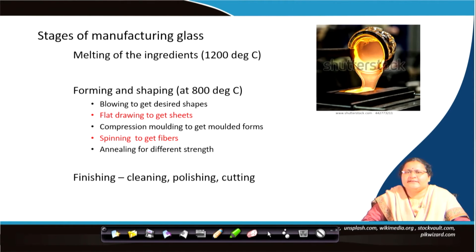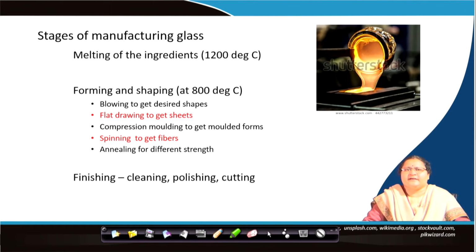Melting is the melting of the ingredients in their given proportions, mixed with water and heated in a furnace. A lot of bubbles come out and gradually it converts into something very fluid in nature. As you can see, something is coming out in the picture.